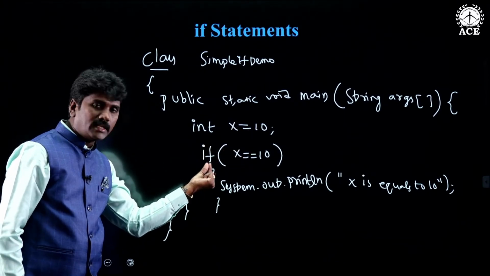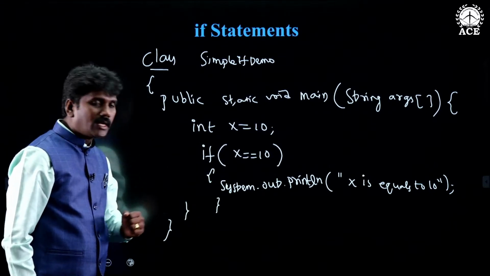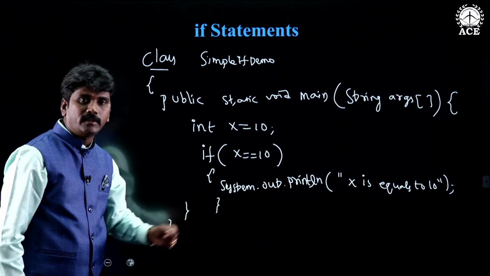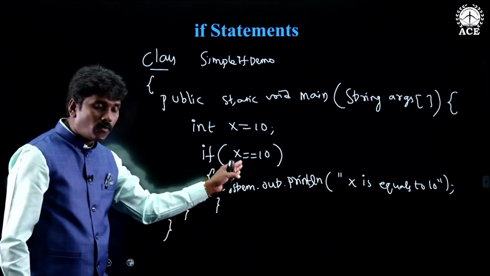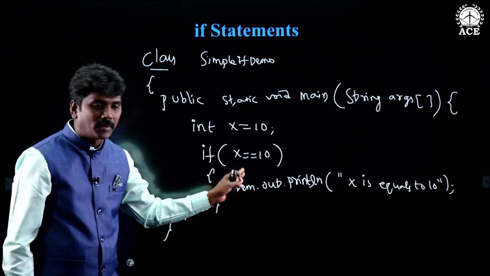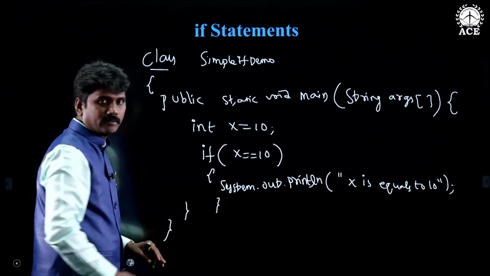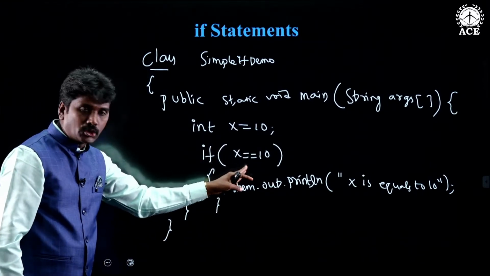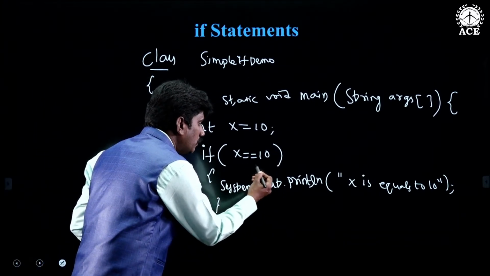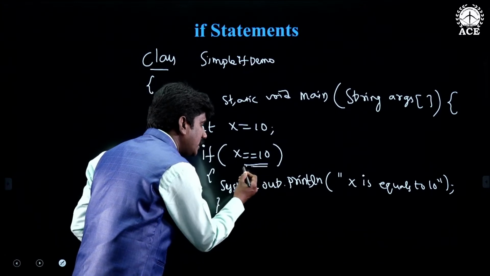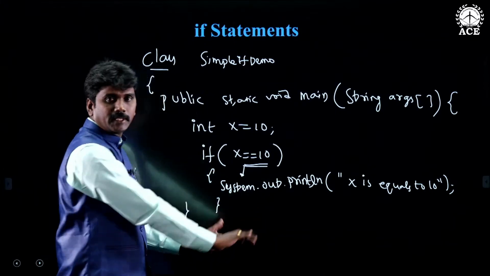I am checking the condition: if x is equal to 10, with double equals. What kind of operator is this? Relational operators. What is the x value? 10. 10 is equal to 10, so the condition is true. If this expression or condition is true, then whatever statements are inside this block will be executed.